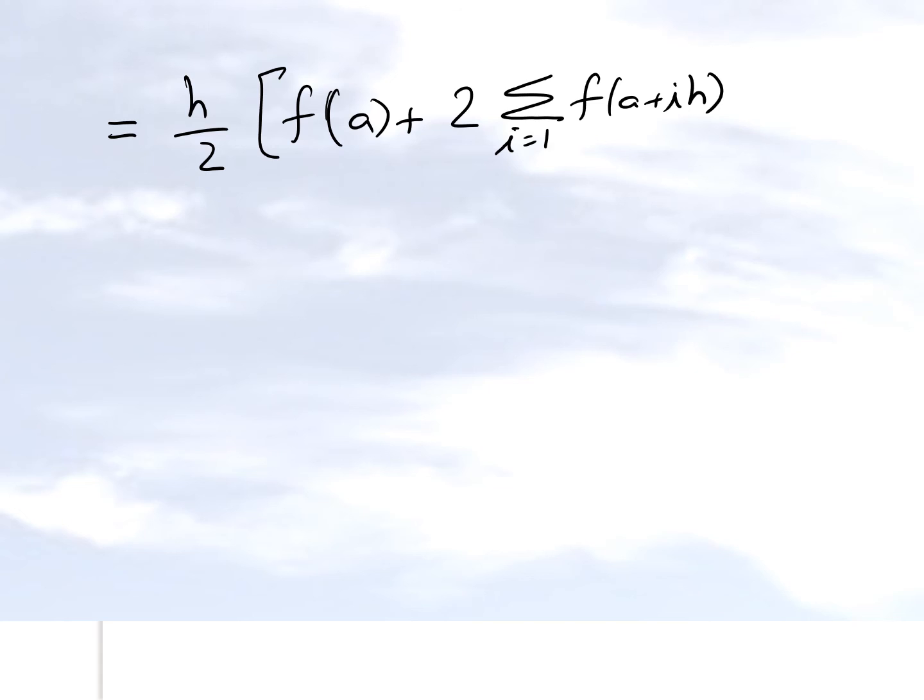And if you look at the last term in those expressions which have 2 in front of them, it's n minus 1. So plus f sub b, and that is your expression for the integral.